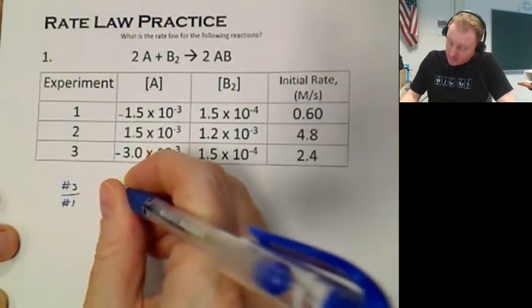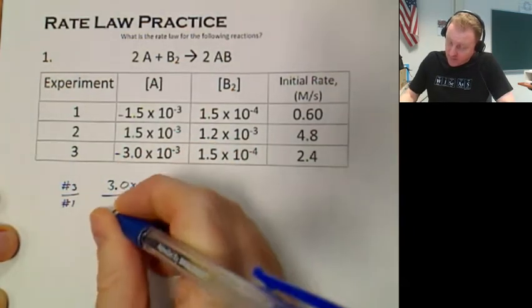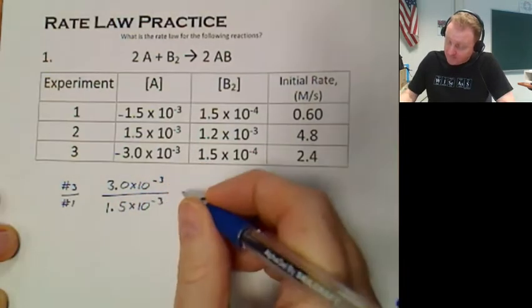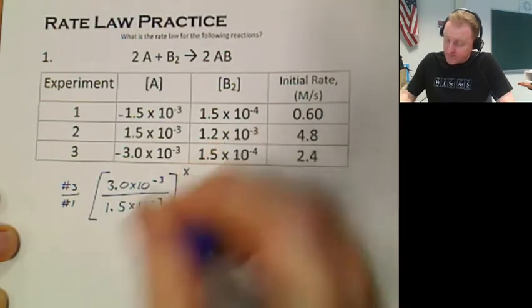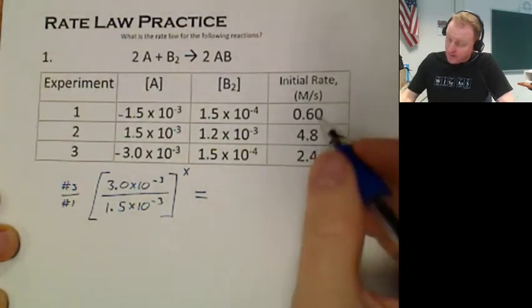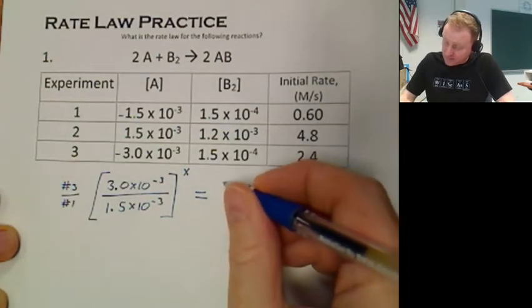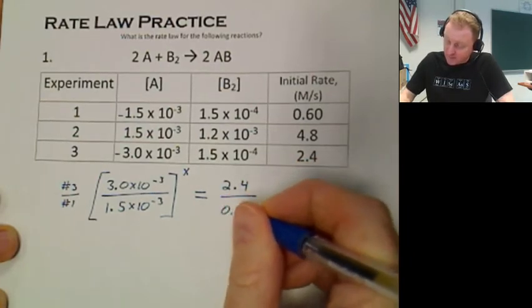So 3.0 times 10 to the negative third over 1.5 times 10 to the negative third, to some power, that's the order of the reactant, x, is going to equal, again with 3 over 1, because it's a larger number and I don't want to work with fractions, 2.4 over 0.6.